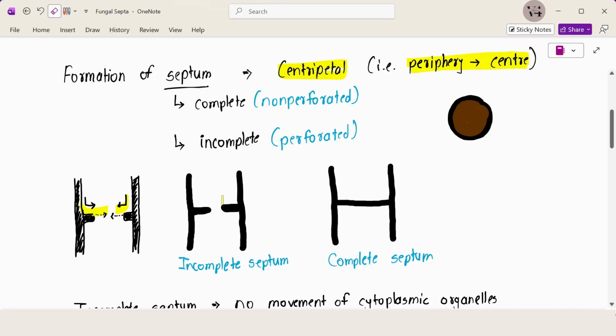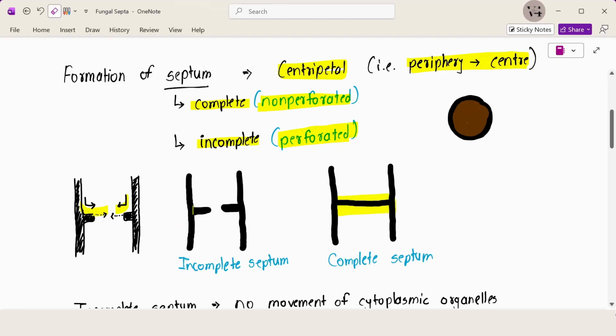Septa can be divided into two types based on their permeability: complete and incomplete septa. Complete septum is also known as non-perforated septum, and incomplete septum is also known as perforated septum. In complete septa, solid walls are laid down to block all the movement.